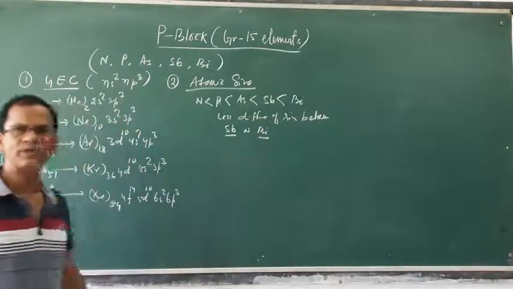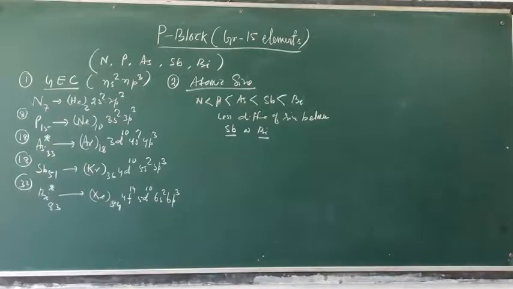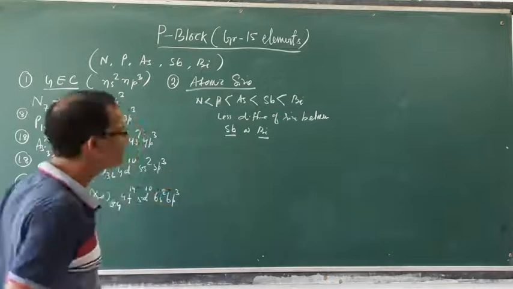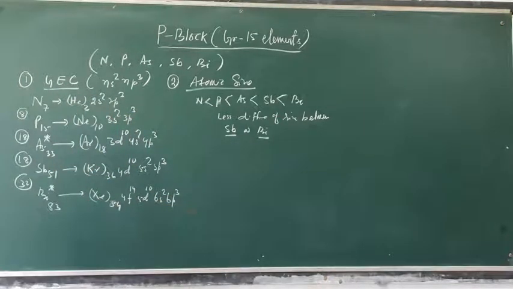The size difference is very less between antimony and bismuth because of the poor shielding effect of which subshell? The 4f subshell.